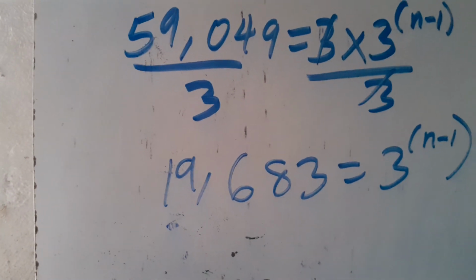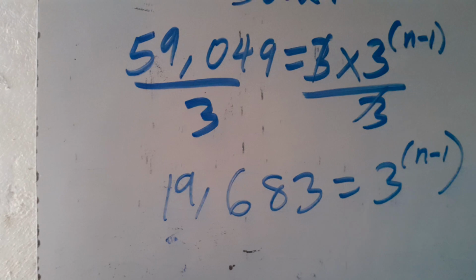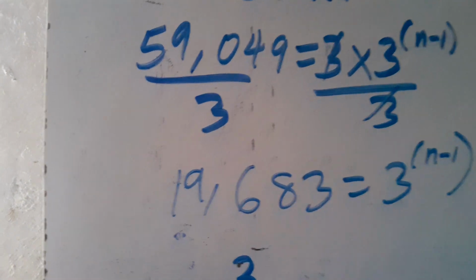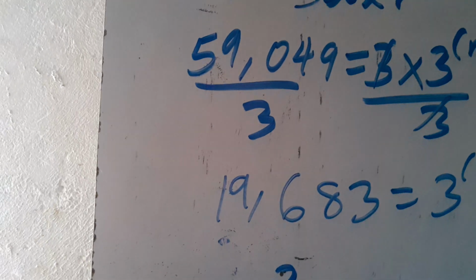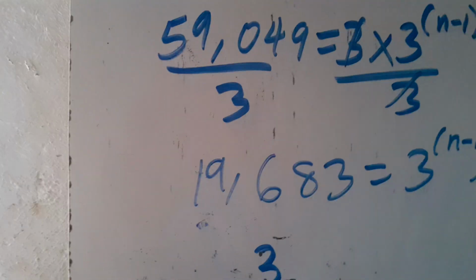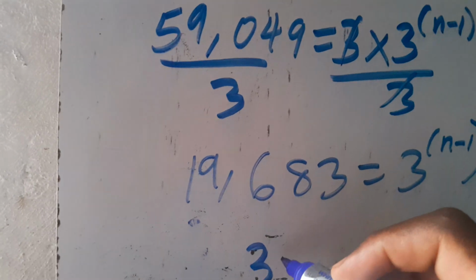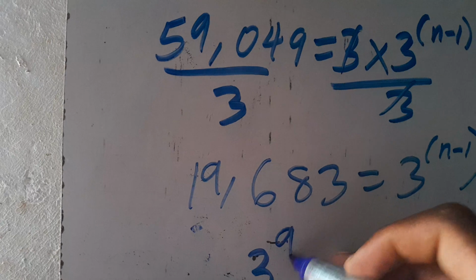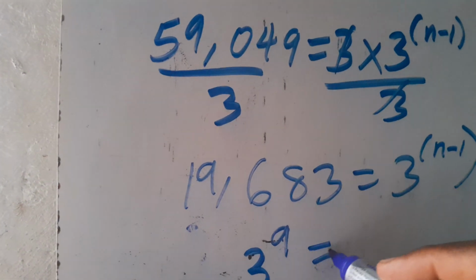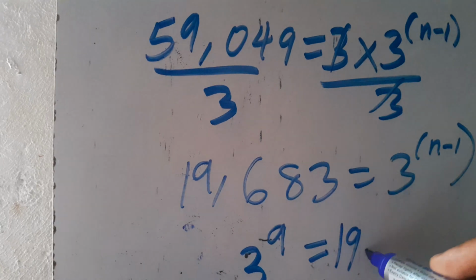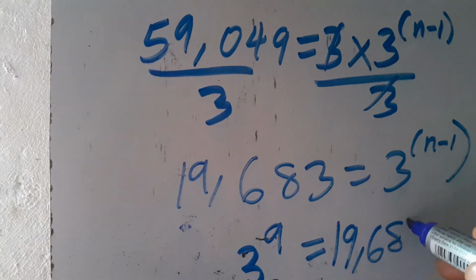Now, 3 raised to power 9 will give you 19,683.